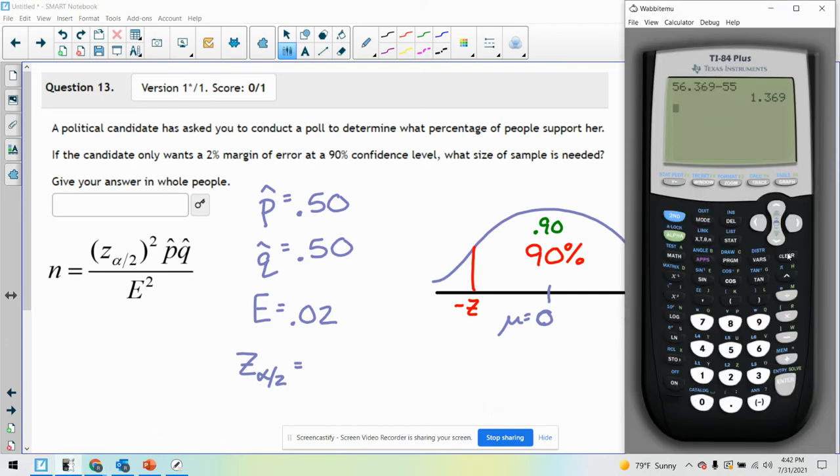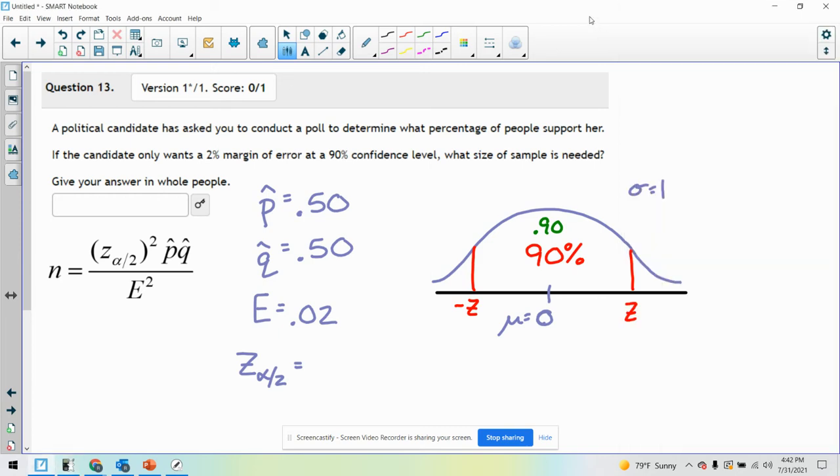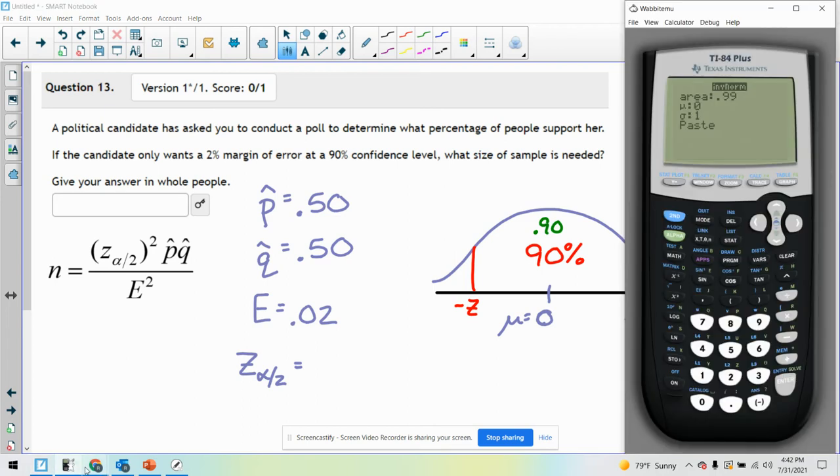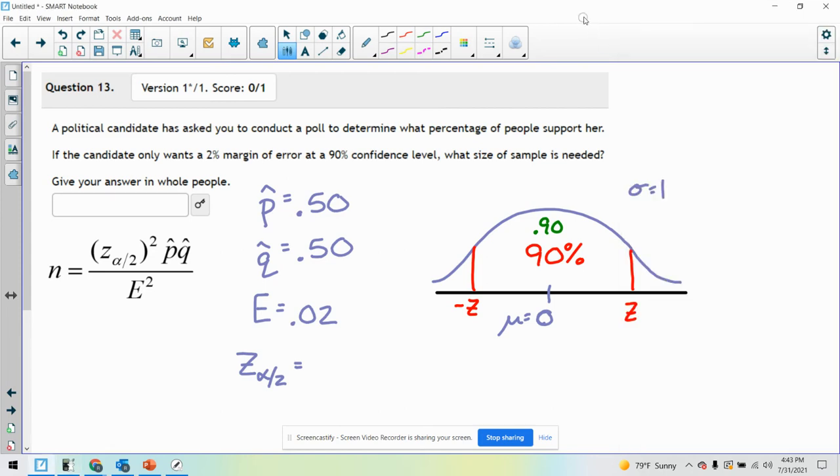I'm going to go to my distributions menu and hit inverse normal to find the value that cuts off that 90%. Now the first question it has is area. The calculator wants to know what's the area, and it doesn't say it because these calculators are kind of stupid, but it means area to the left. It always refers to area to the left.